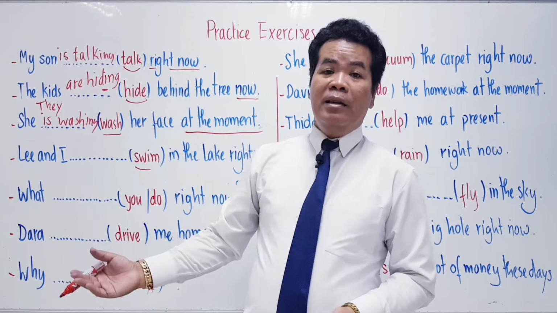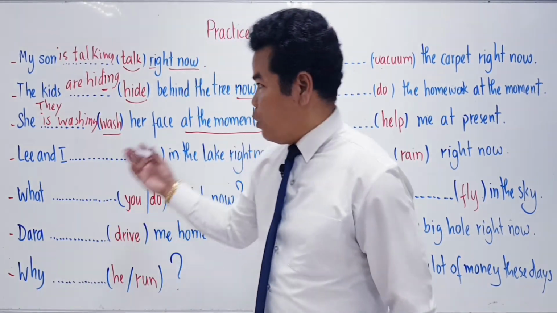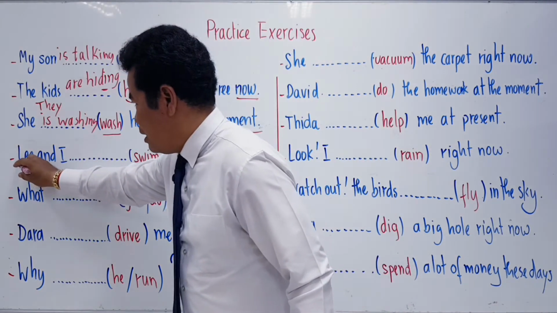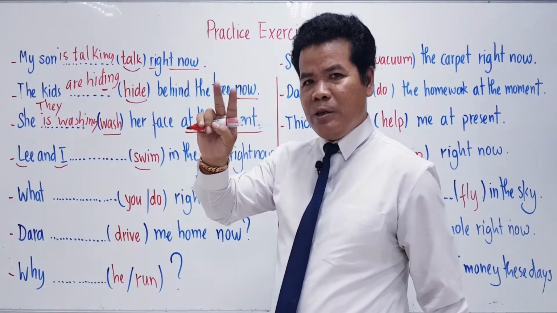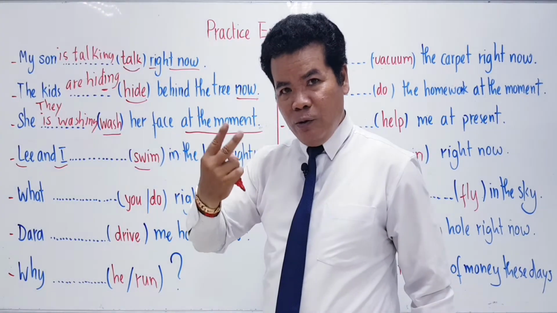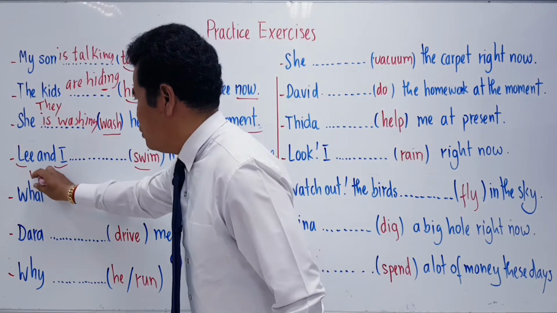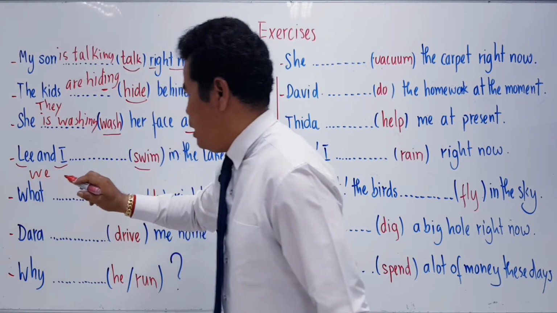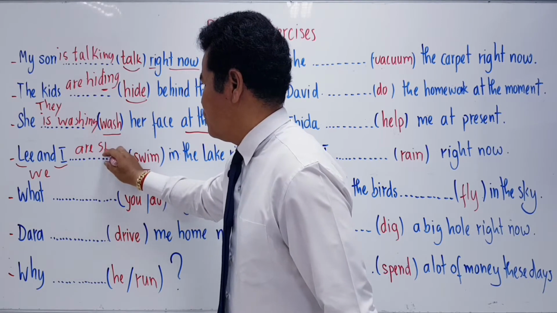Is it I? Or is it we, you or they, or he, she, it? Right? So here, you have to see how many subjects we talk about. We talk about two subjects. Okay? Lee and I. How many people? Two people, not just me. Right? So what is that? We use we. So we are swim.